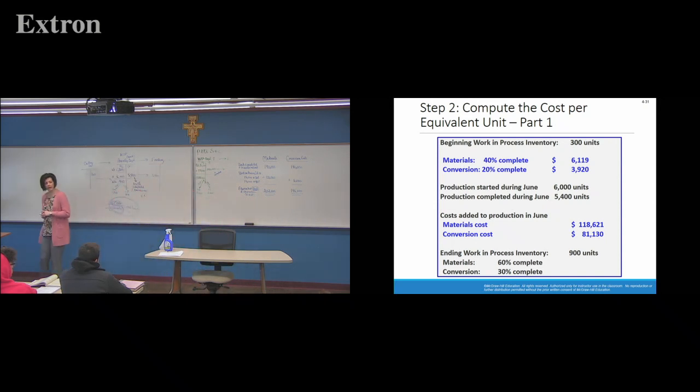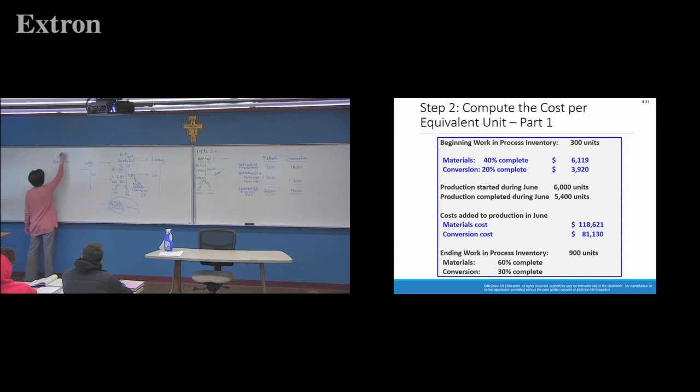So what I need to do is take my materials beginning inventory. Okay, so these units cost me something. Right? I had to buy those materials. That amount is $6,119. So again, if we were looking at this as just a T account for just materials. So this is assembly department, and this is a little extra work on my part up here, but I just want to show you.